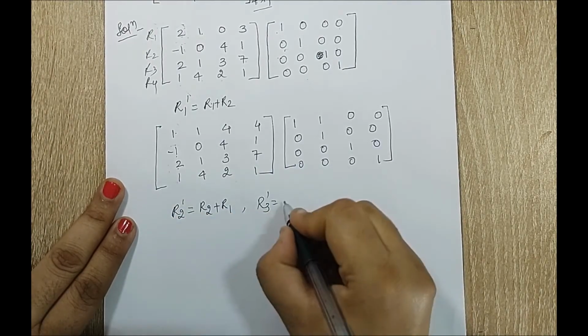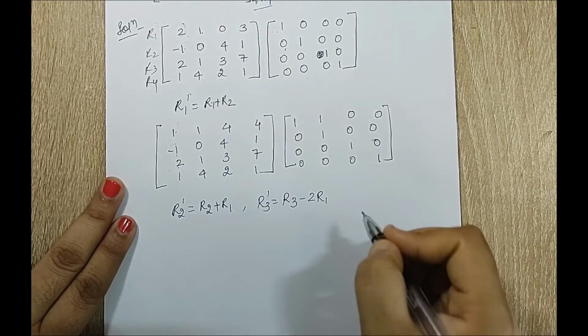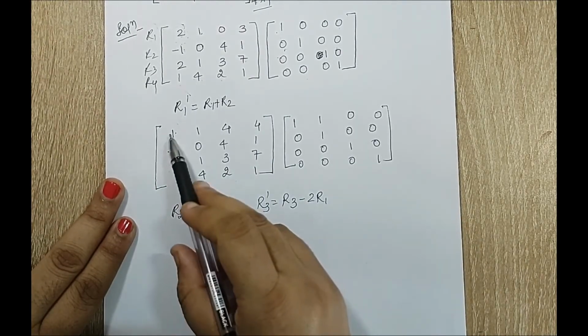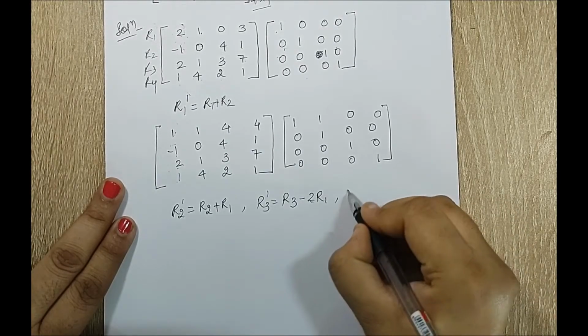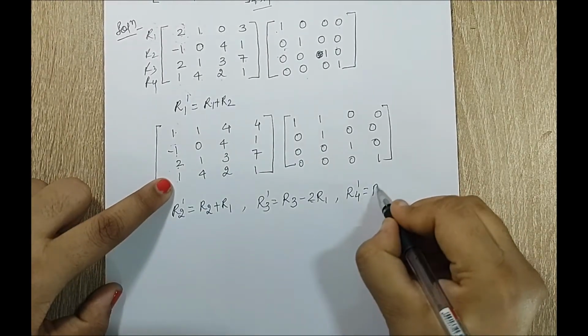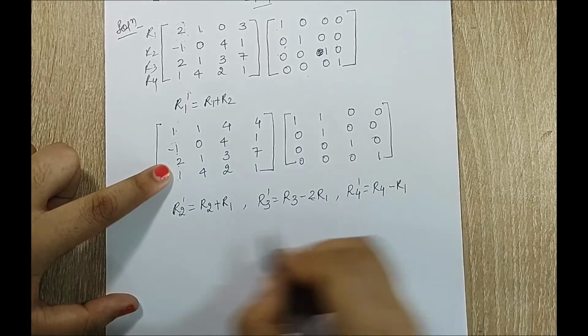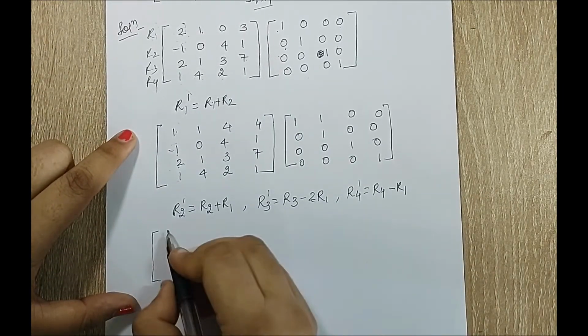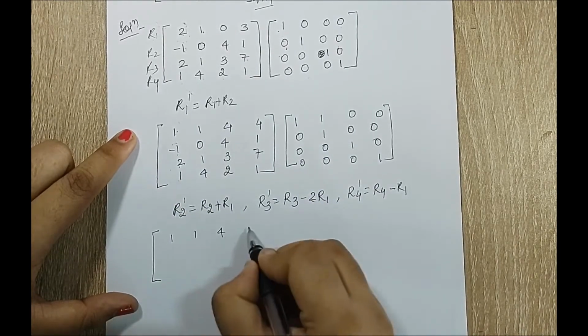This number will be R3 minus 2 times R1. Please observe, it is 2 minus 2 because of this operation. It becomes 0. And lastly, R4 dash will be R4 minus R1, because it is 1 minus 1, 0. So I get the result: first row will remain the same, 1, 1, 4, 4.